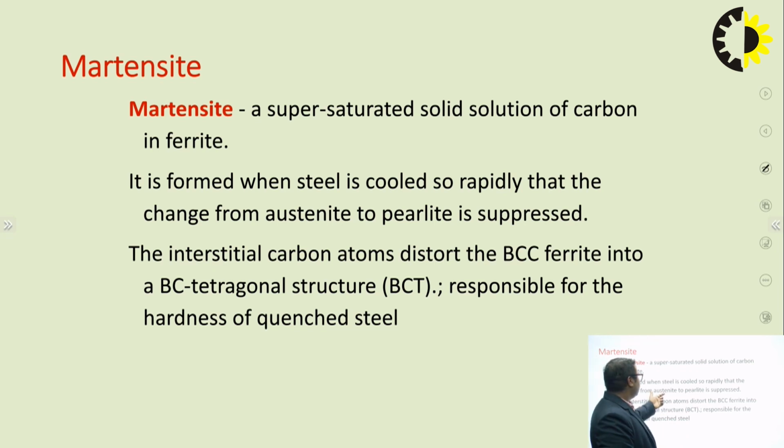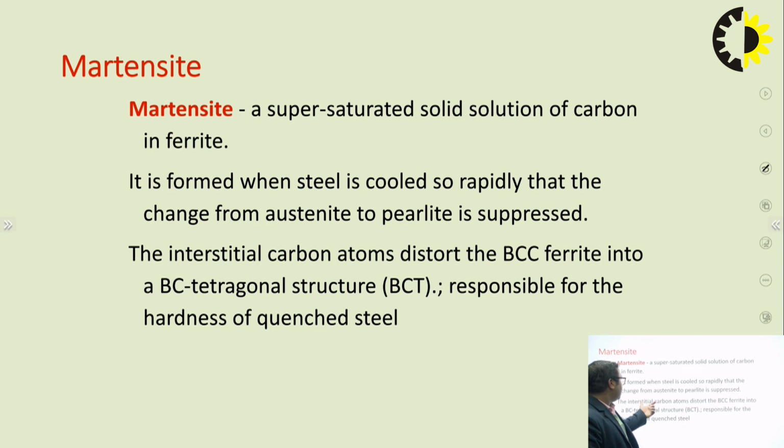So you can cool the steel so rapidly that it changes from austenite to martensite in such a manner that perlite formation is suppressed. Then only we can see the formation of martensite. Otherwise, if this perlite transformation is not suppressed, then perlite will be formed, not martensite.